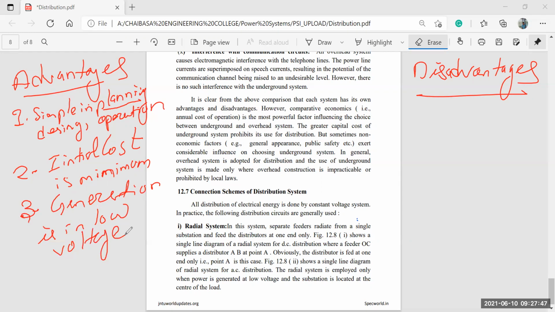And another point that I have already asked you about is that it is very suitable when the generating station or the substation is located at the center of the load.